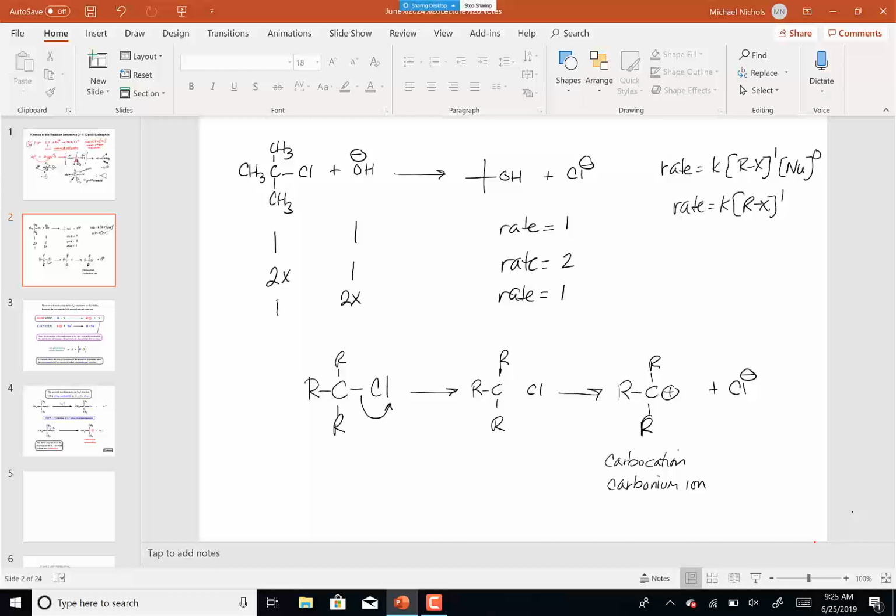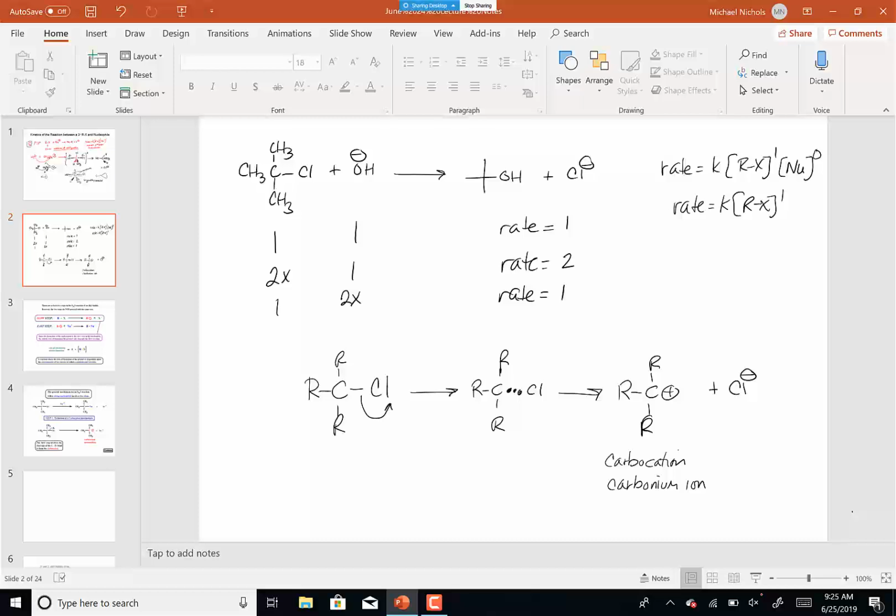So where should the dotted line go? Between the carbon and the chlorine. Okay, so there's my dotted line, which means in the transition state, I've got a partial bond because the carbon-chlorine bond is breaking. How about charges?